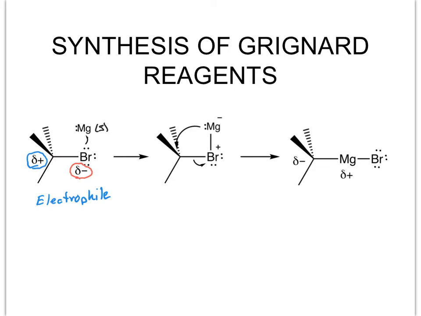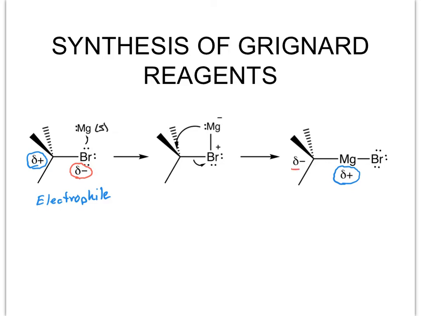But the important thing about an organometallic reagent in general, and in this case a Grignard reagent in particular, is that magnesium is very electropositive, much less electronegative, more electropositive than carbon. Now, carbon gets to be the more electronegative thing in this bond, and so the magnesium becomes the electropositive thing.